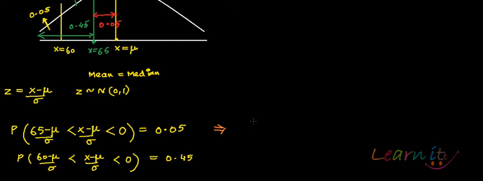One more thing you have to understand is, if you write 60 minus mu upon standard deviation or mu minus 60 upon standard deviation, that would mean the same. So I can convert this equation into P(0 less than z less than mu minus 60 upon standard deviation), which should be equal to 0.45.